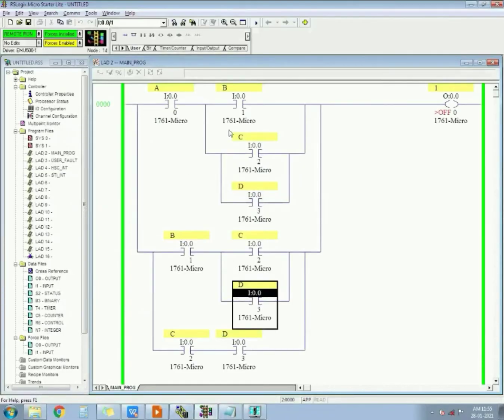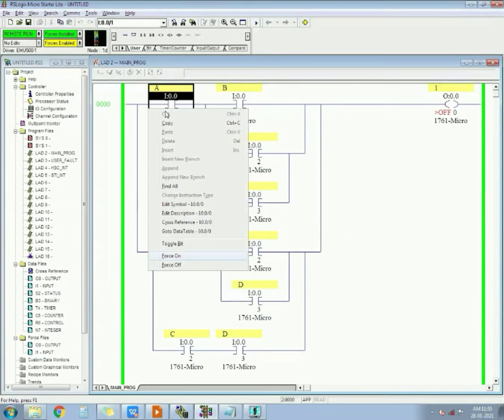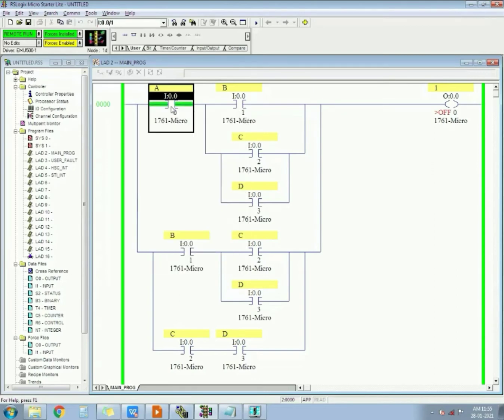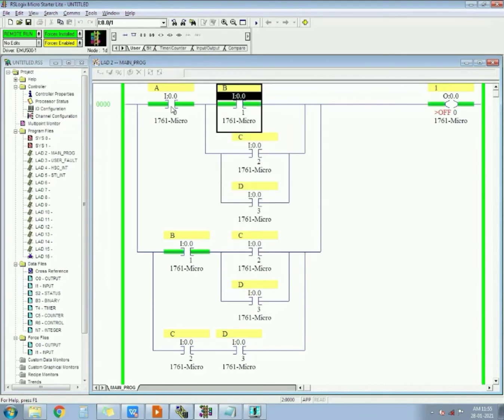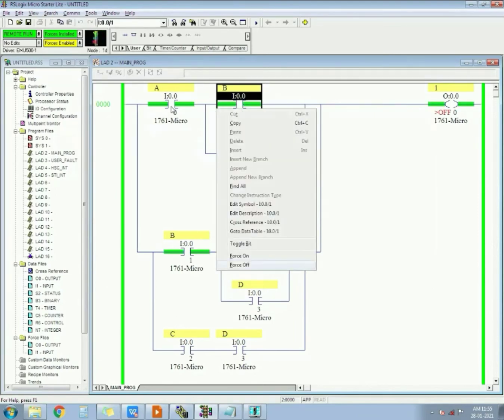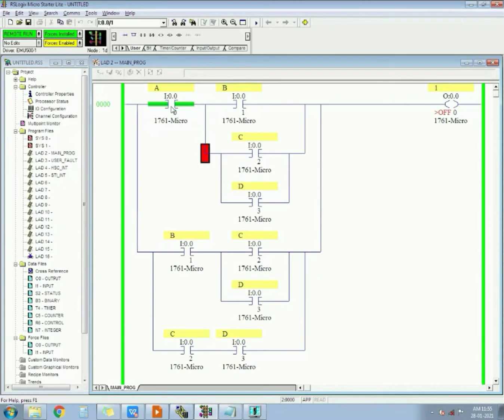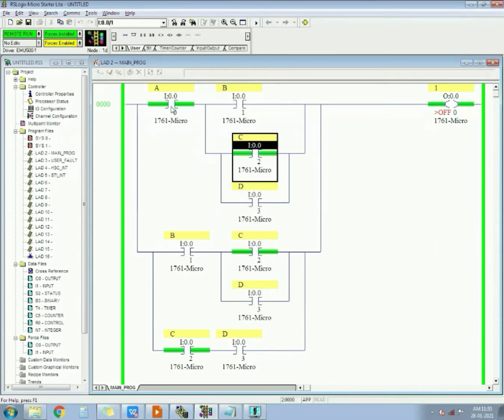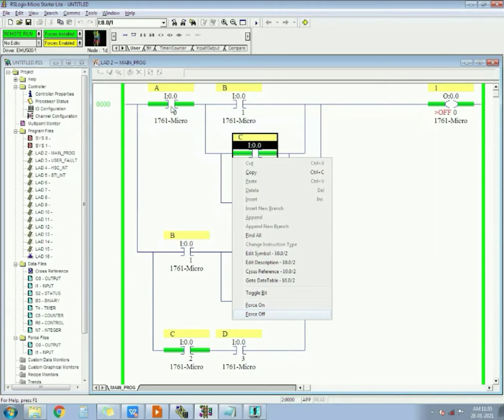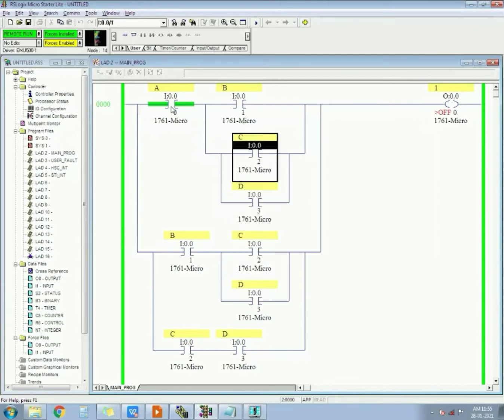In the second condition, if any two inputs, it could be A and B, we have made all the possible combinations. So with A and B, output gets on. If A and C, output is getting on. Now the third combination is A and D, output getting on.